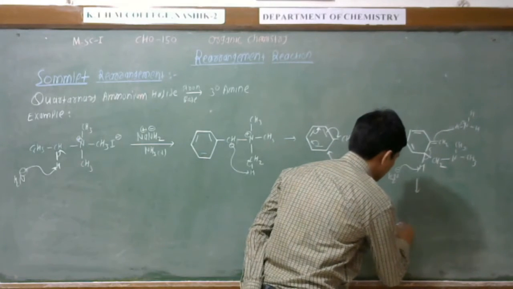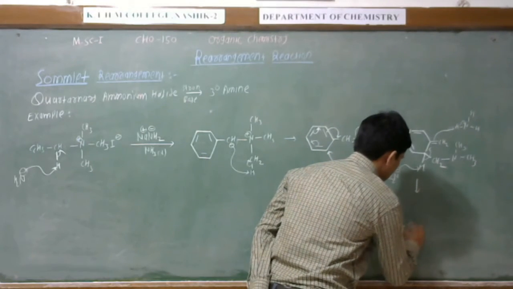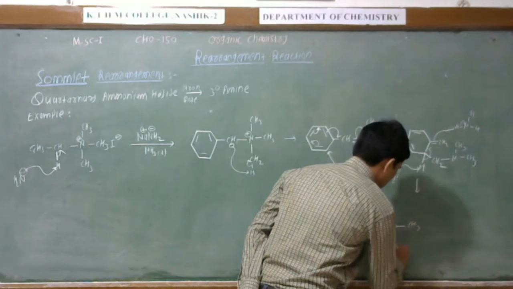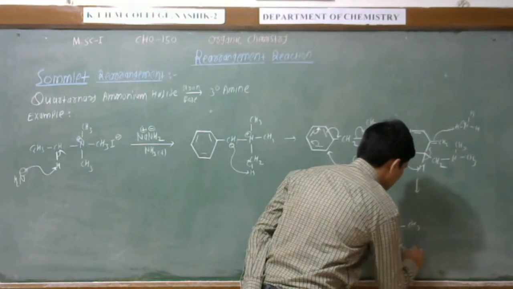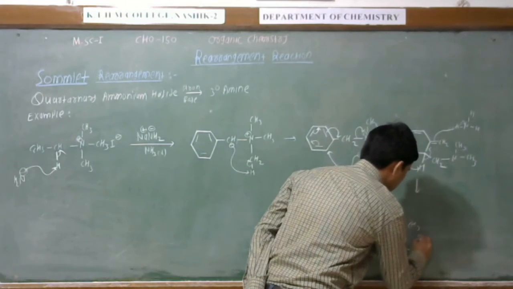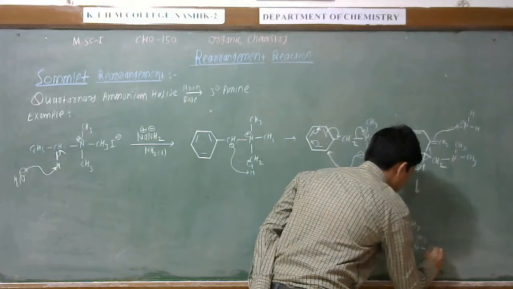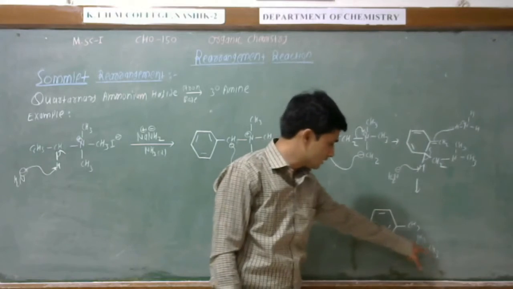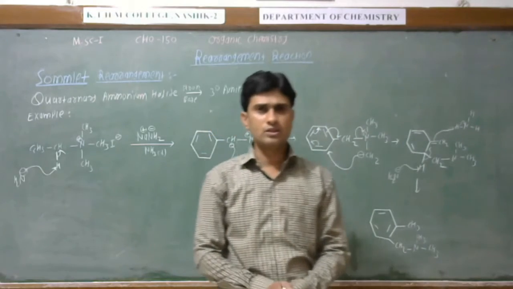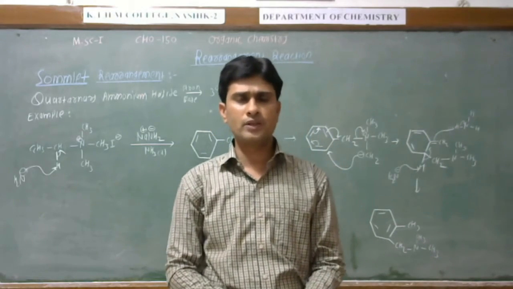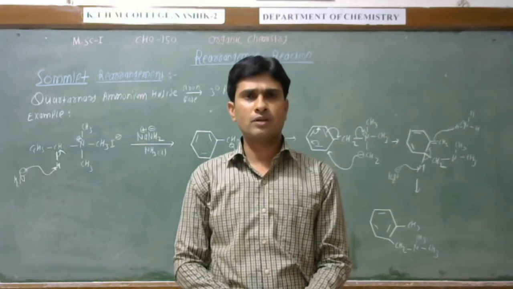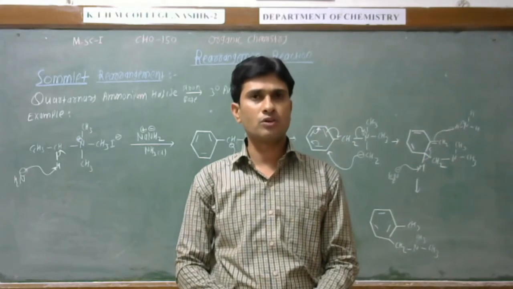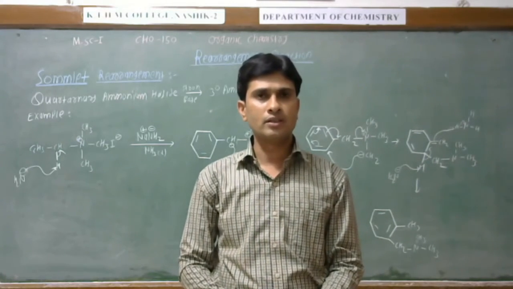This is the CH3 here, this is the CH2, CH3, and this is the CH3. This is the tertiary amine. So in this way, quaternary ammonium halide will react with the strong base and give the tertiary amine.